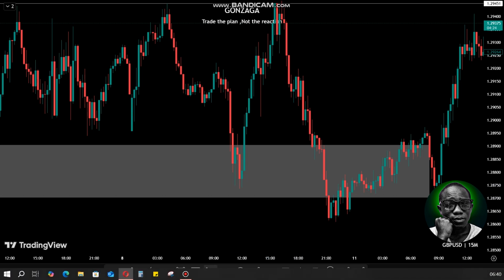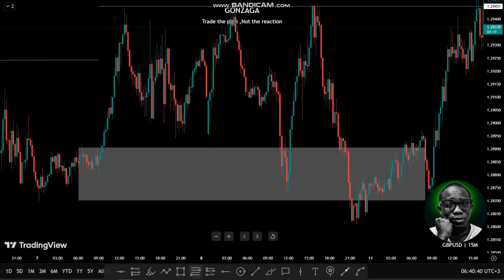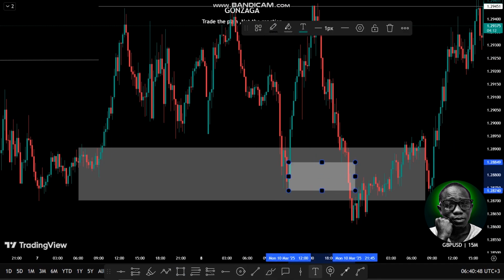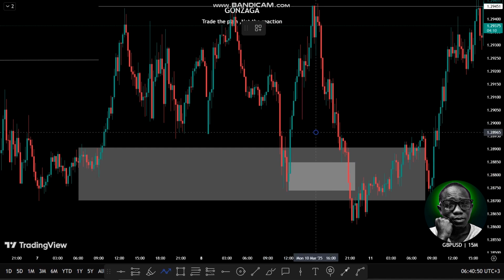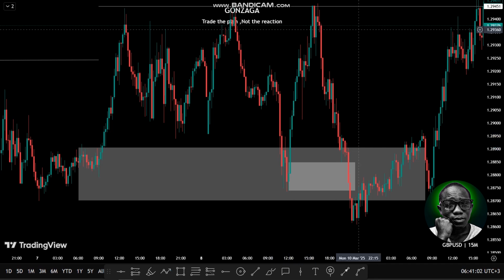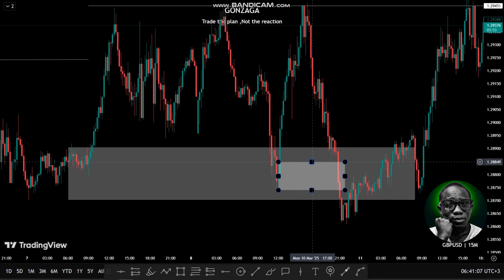So after it came into my demand zone, it came here and made a fair value gap. As you can see, this fair value gap here shows that now it's ready to move up. It actually didn't retest it, so I was left out on this trade, but it came back.